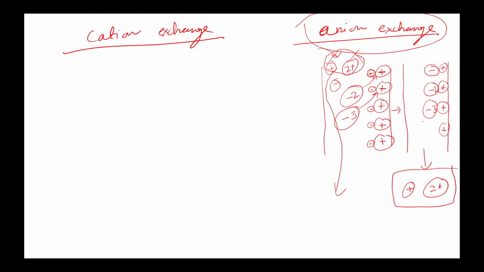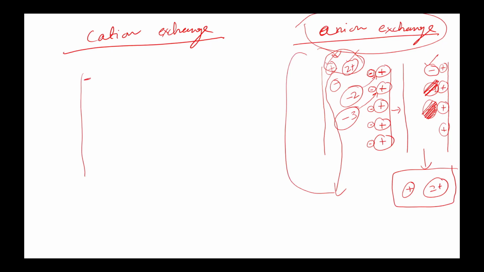Suppose only your protein of interest is negatively charged here, so all the other proteins will come out, and only your protein of interest will remain bound to the matrix, and that can be further eluted out, giving you a purified protein, a pure protein without any impurities. So that is what happens in the anion exchange, and the vice versa happens in the cation exchange.